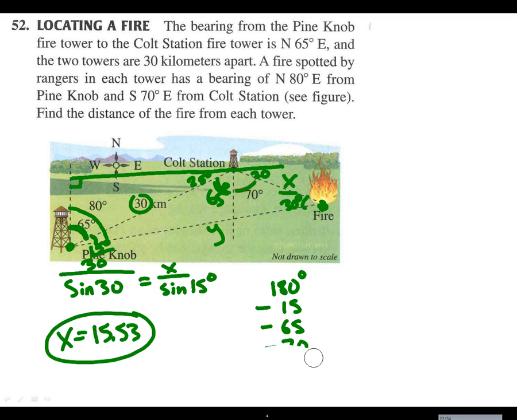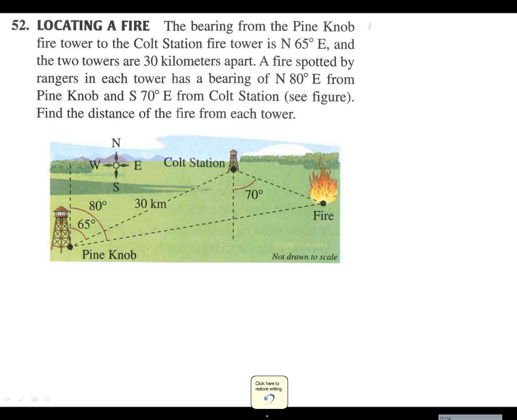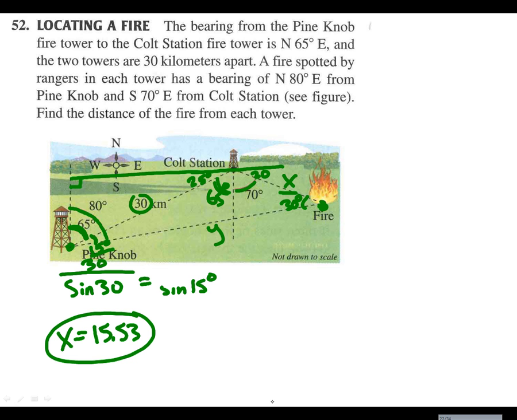We can also get rid of x, get rid of the 15, and say y over the sine of 135, since we're across from 135. You plug that in, you're going to end up with 42.43.